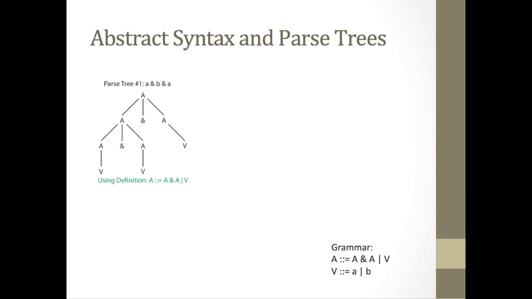We'll then take this one step further and substitute A's and B's in place of the V's. At the end, we can see that we clearly have A and B and A using our abstract syntax and parse trees, which shows that this expression is in our context-free grammar.